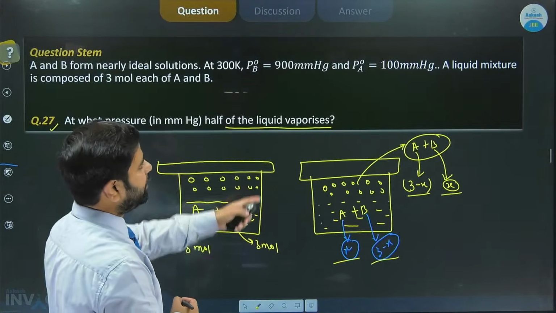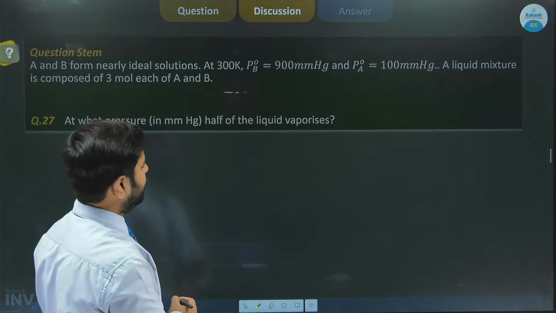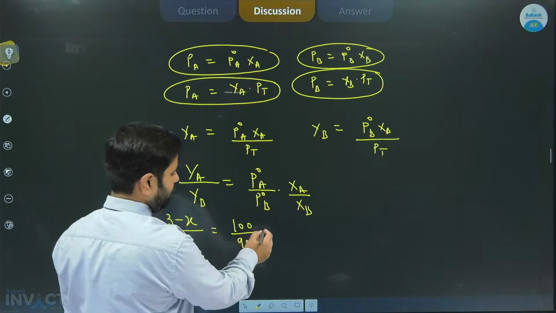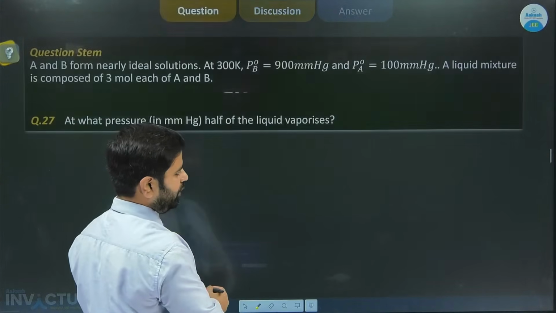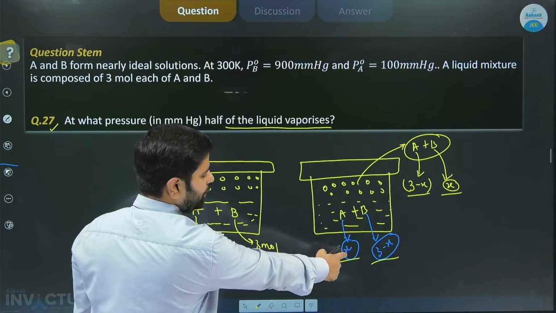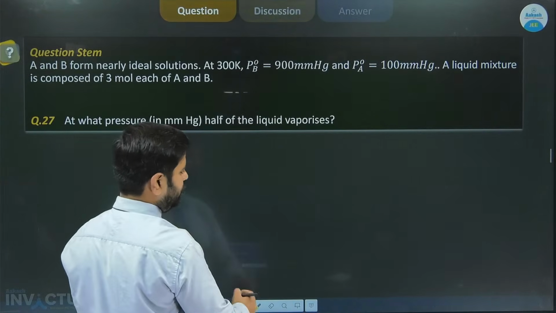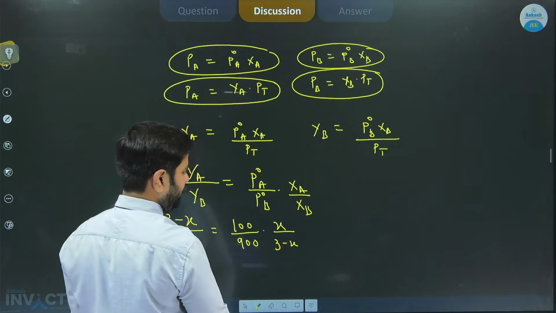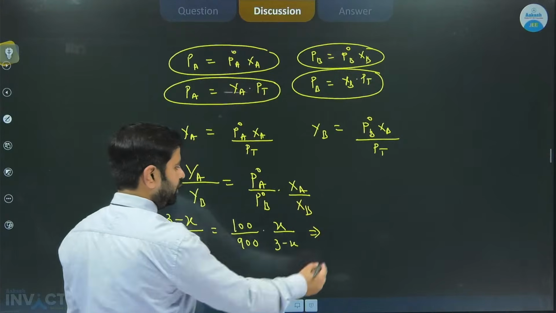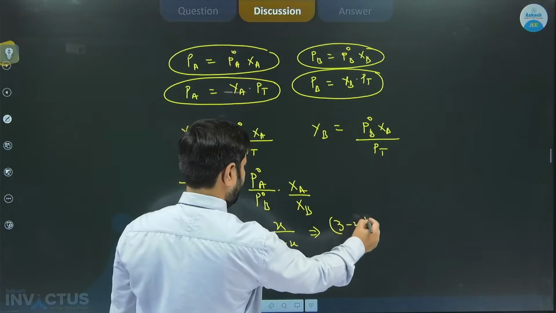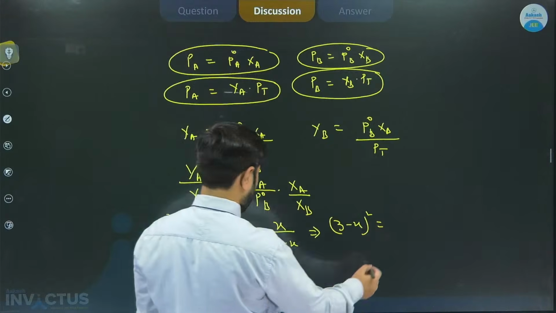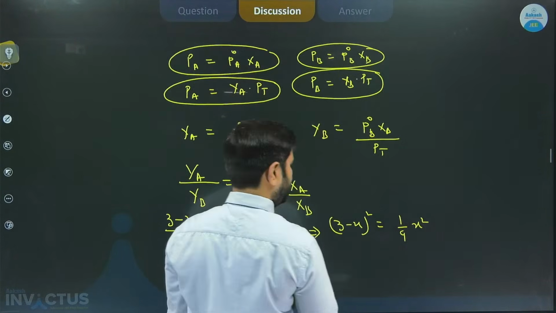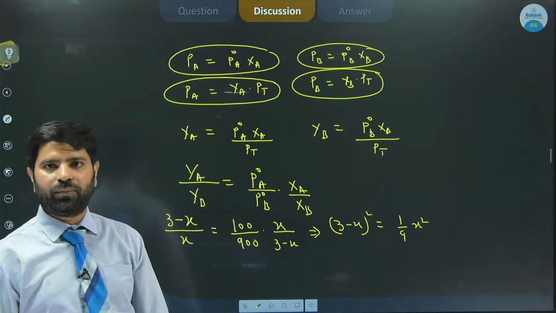P naught B is 900 and P naught A is 100. So 100 over 900 dot XA, where XA is X upon 3 total moles, and XB is 3 minus X upon 3. Let's solve this equation: 3 minus X squared equals 1 by 9 X squared. You can simply calculate X from here.